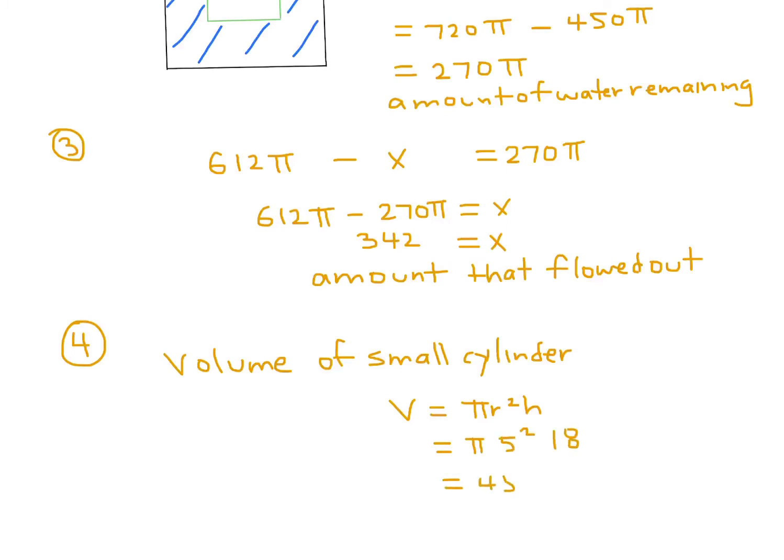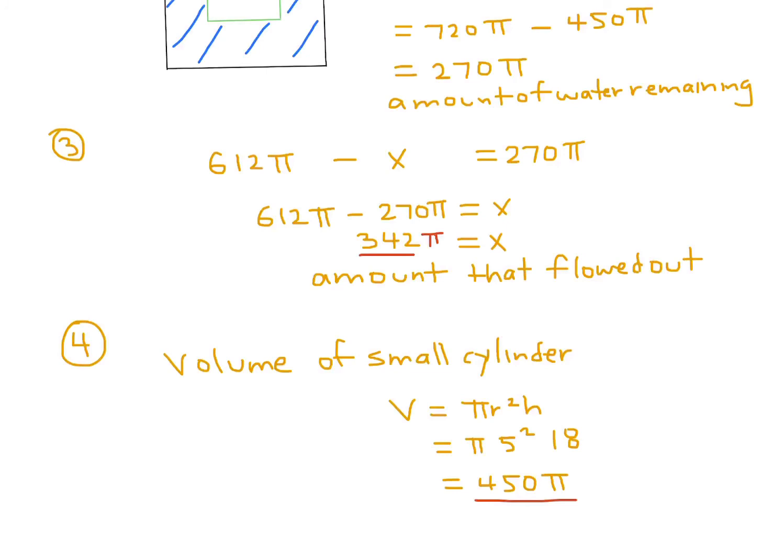So this is 450 pi. Now I want you to compare the volume of the small cylinder to the amount that flowed out. Compare 342 pi to 450 pi. The amount that flowed out is less than the volume of the small cylinder.